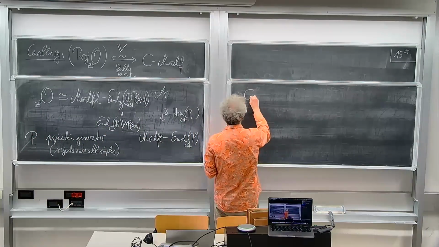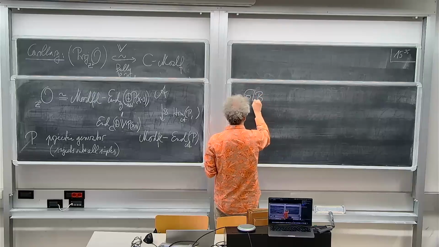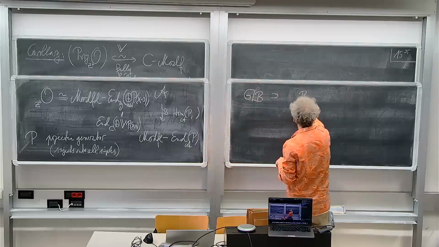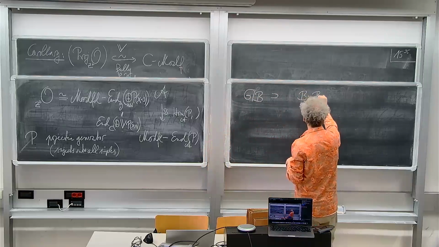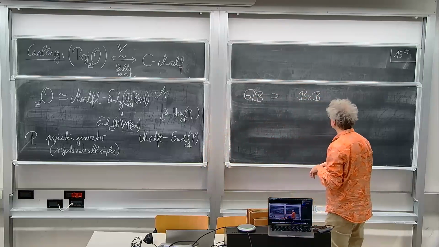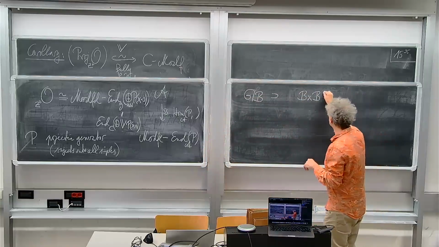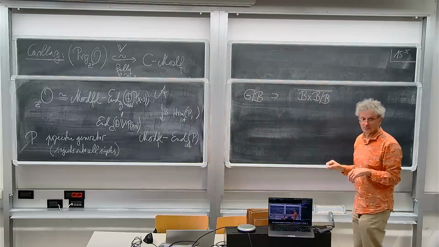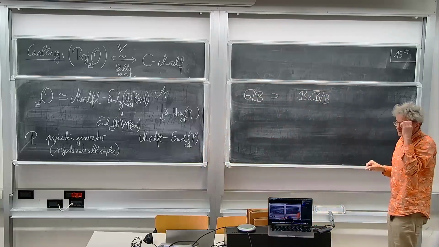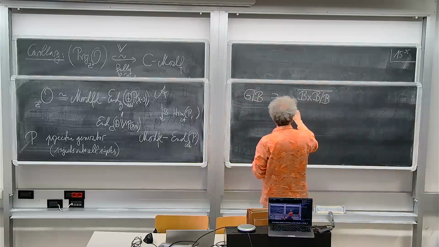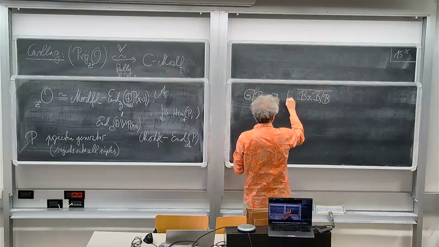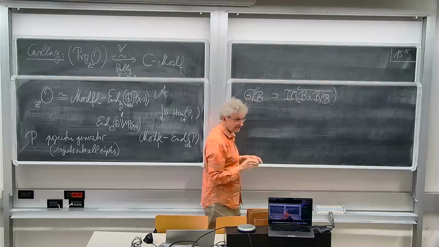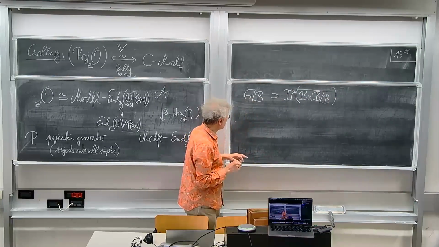So now we take a Schubert variety, and inside we have this Bruhat cell, and we take its closure, and this closure has an intersection cohomology complex, a perverse sheaf on the flag variety here.